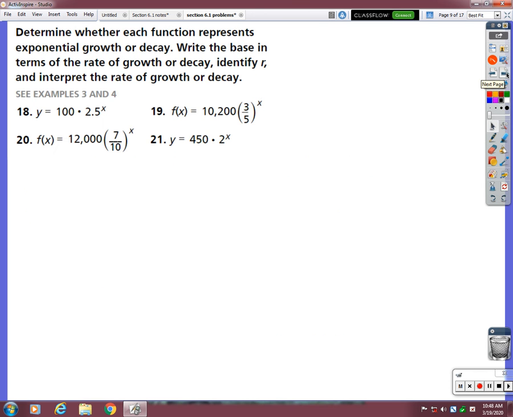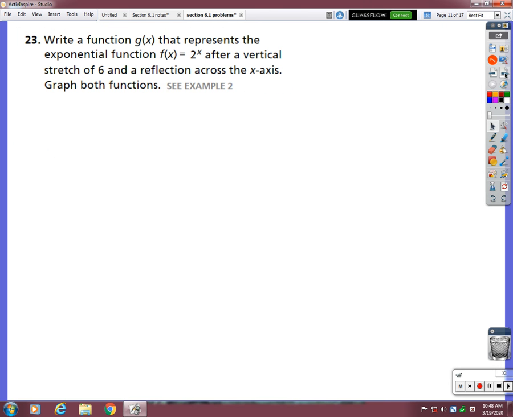Number 23. Let's see, write a function that represents the exponential function after a vertical stretch of 6 and a reflection across the x-axis. So a vertical stretch of 6, I'm sure you all remember, that's a, by the way, means that you have to multiply the whole thing by 6.